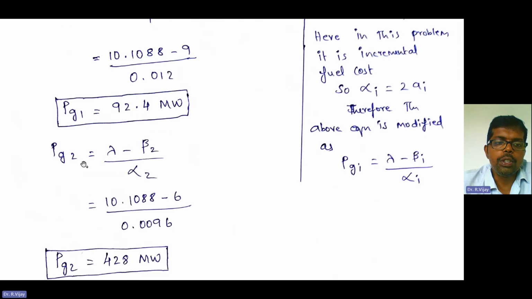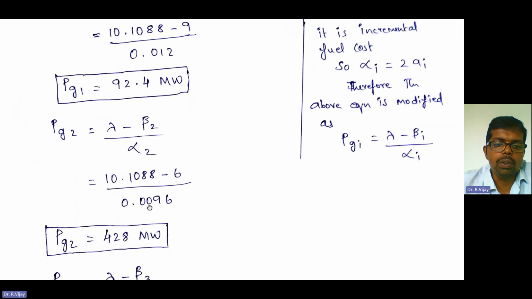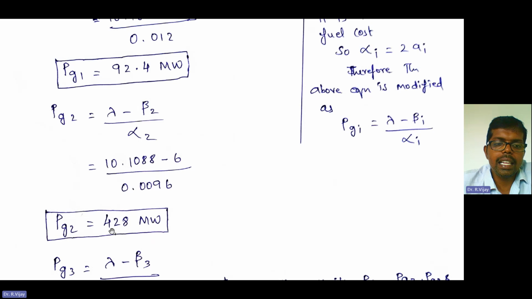Similarly, PG2 is lambda minus beta 2 divided by alpha 2, that is 10.1088 minus 6, divided by alpha 2. Simplifying, we get the answer as 428 megawatt.